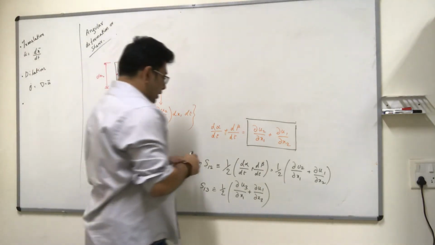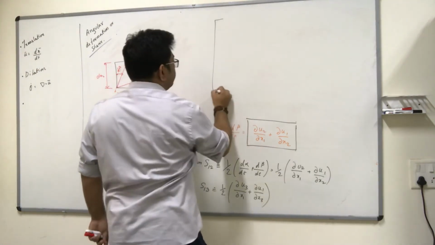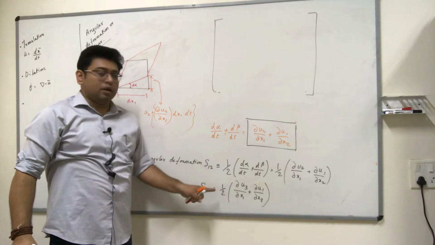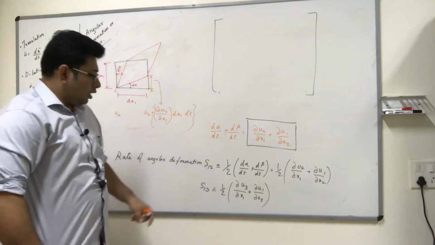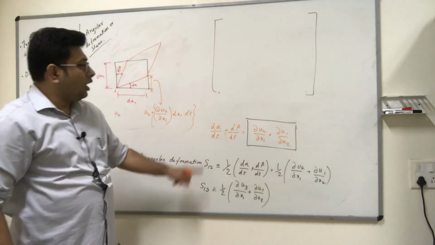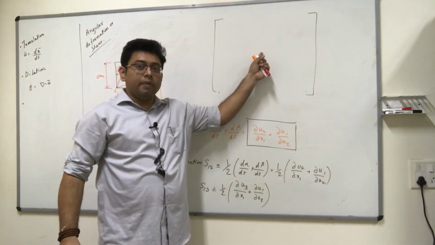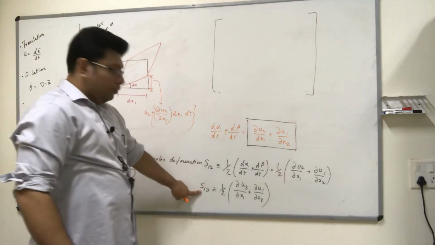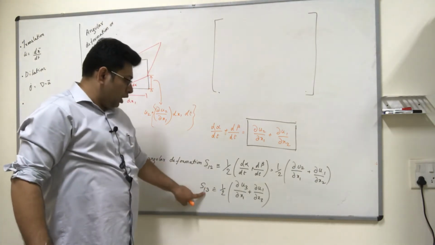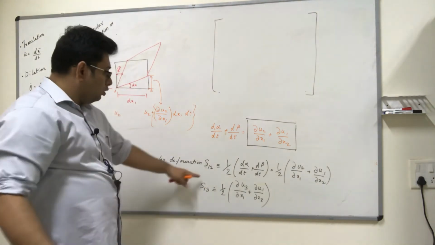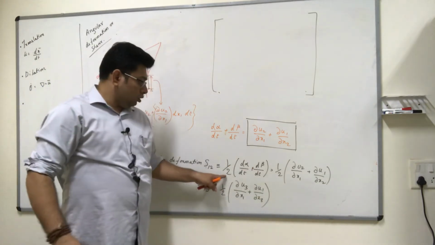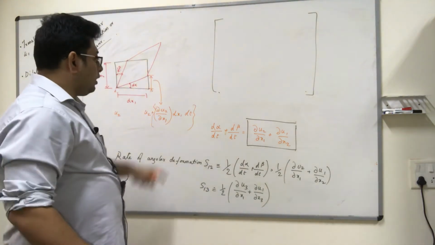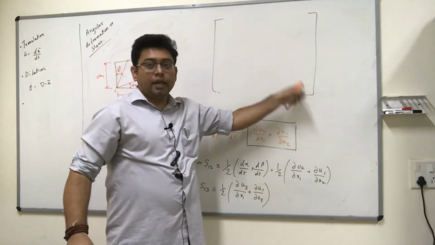Now what I can do is create a matrix. I hope you see why I chose 1, 2, 3 instead of x, y for the coordinate system. That's because I'm going to equate it to a 3 cross 3 matrix, where I have all the cross terms with regards to the angular deformation: S12, S13, S21, S23, all those cross terms, which reflect my rate of angular deformation. And what about the non-cross terms, S11?